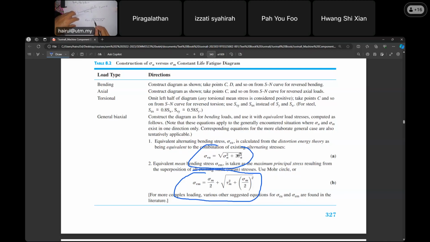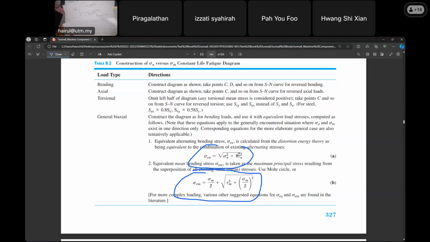Remember, bending stress, do we have sigma alternate earlier? I show you this figure. Bending stress, do we have alternate? Yes, we have bending alternate. Now the torsional stress tau at B, do we have alternate? No, it is a straight line, no alternate, 0.